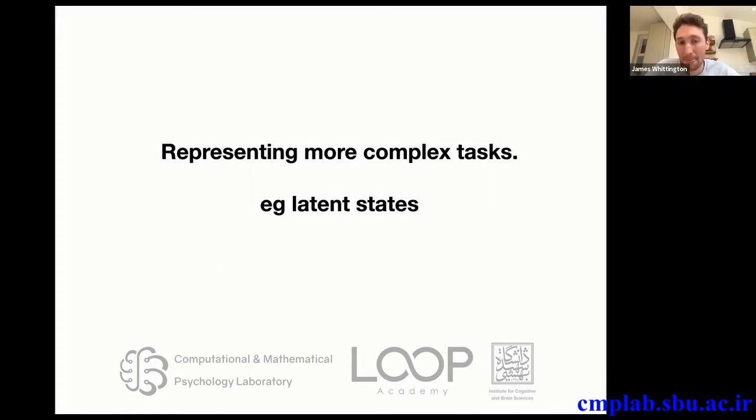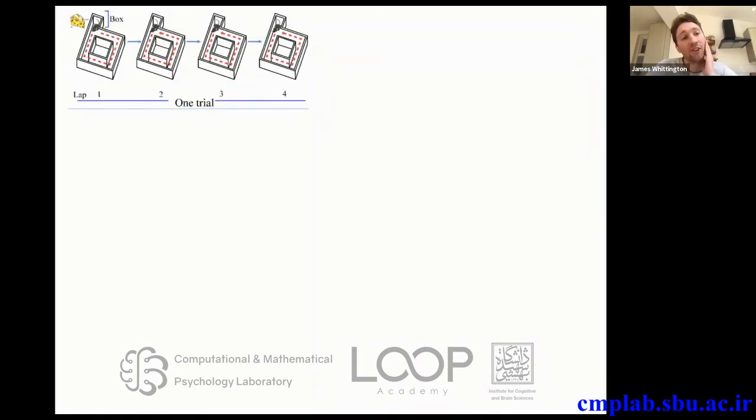What might happen there? Okay, so let's consider this task where we have a rodent. This was in fact an experiment done in real life. Let's say we have a rodent running around a square track, which is essentially a loop. So it goes one loop, second loop, third loop, fourth loop, and it just continues doing many, many loops.